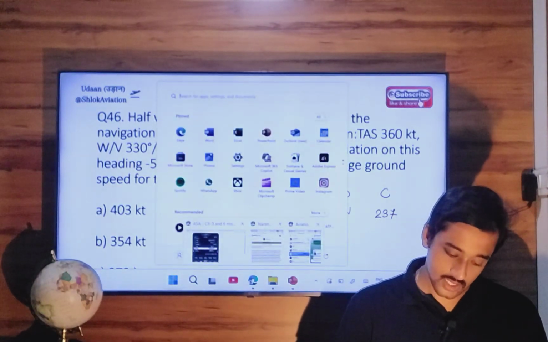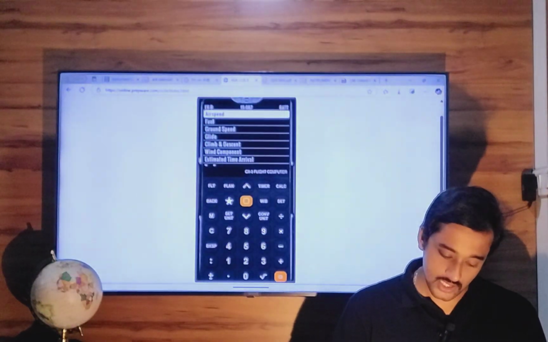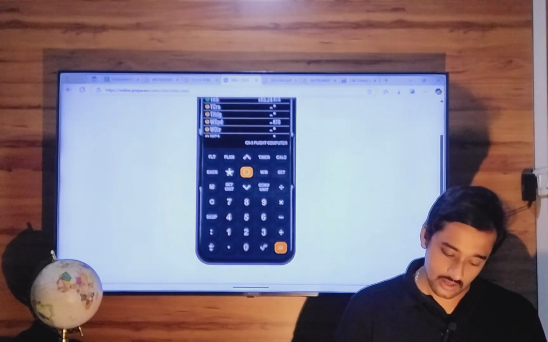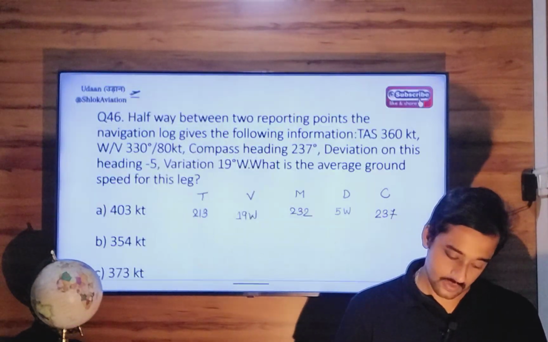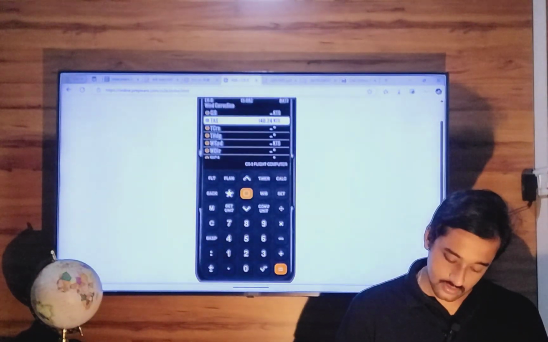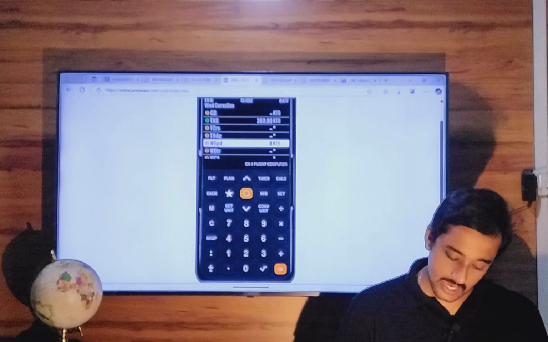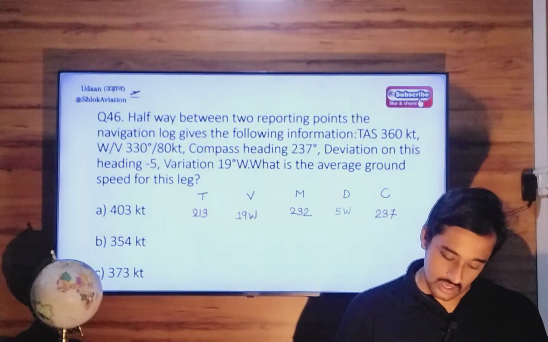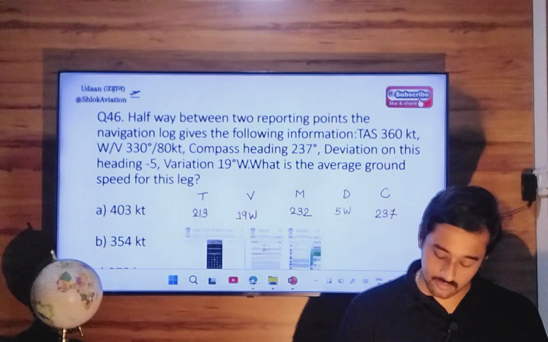So let's insert these values in the CX3. Wind correction, TAS 360, winds 80 at 330, and true heading 213.